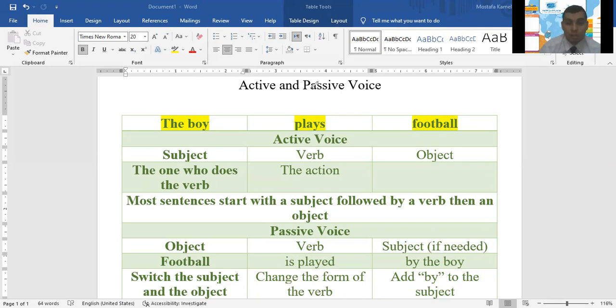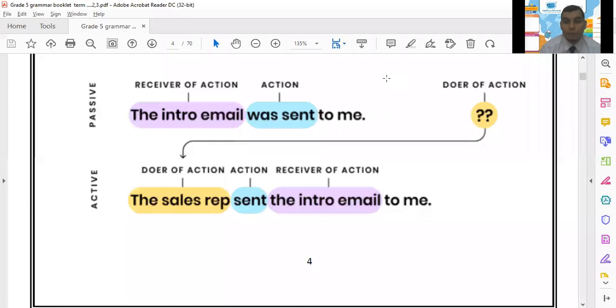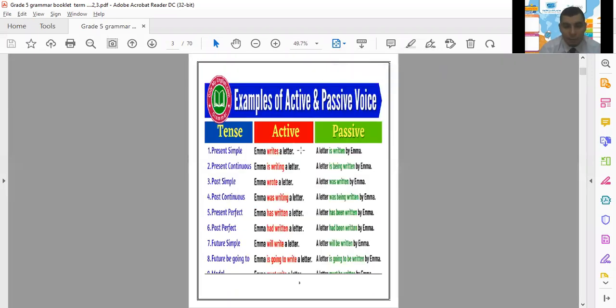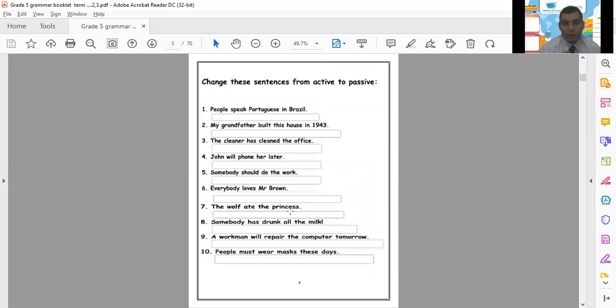And in order not to be confused, you have to do what? You have to go back to page 3 and memorize it. And memorize this page with the edit I told you about, okay? And we'll have more exercise, so don't worry about that.